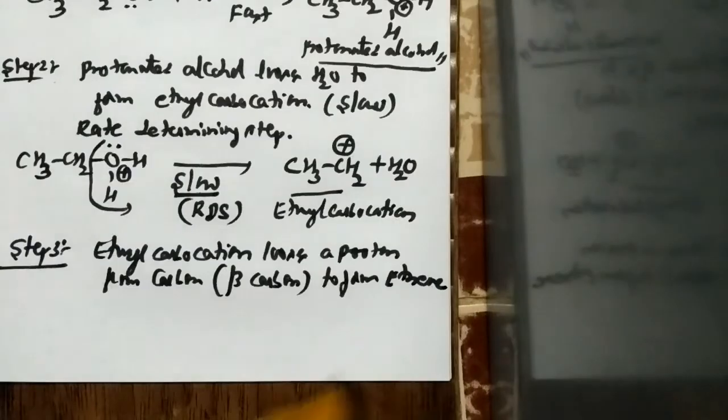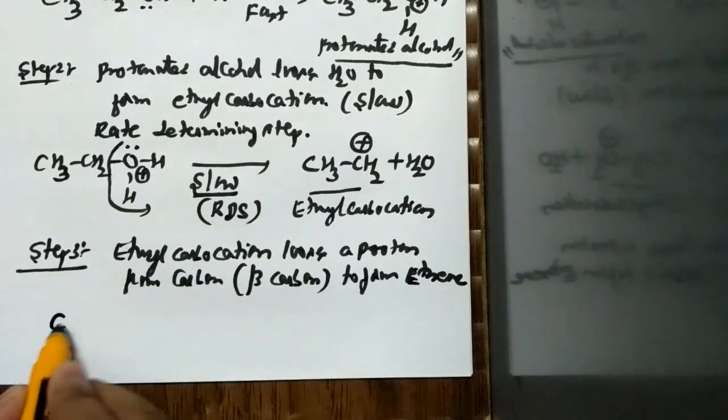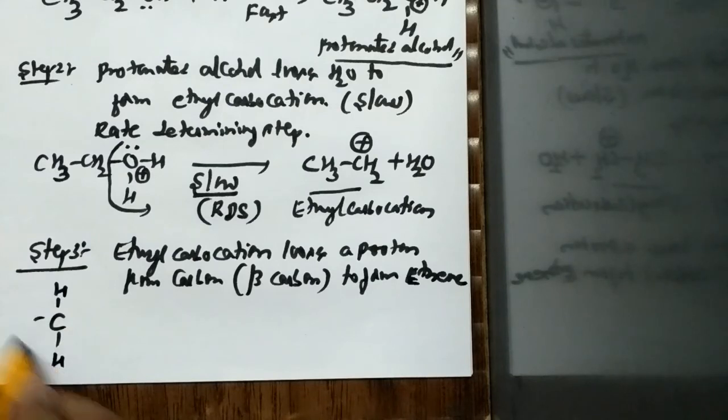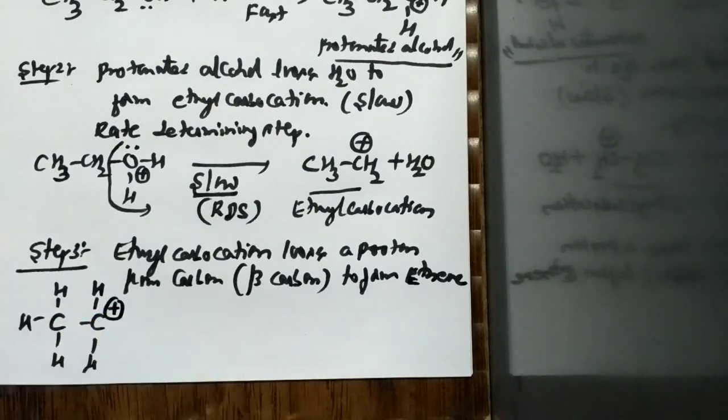Now the question comes, how is the hydrogen lost from the beta carbon? Here is the carbocation that has been obtained. Let us write this structure completely. This is known as ethyl carbocation.